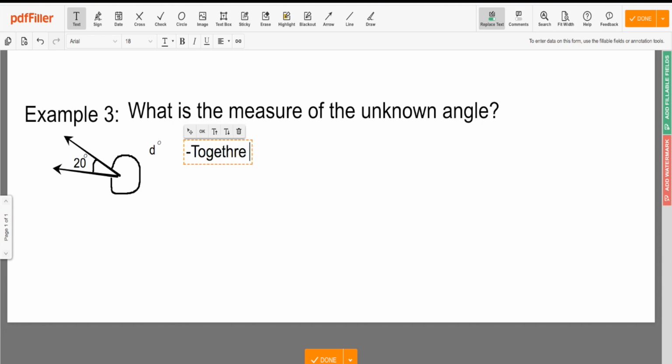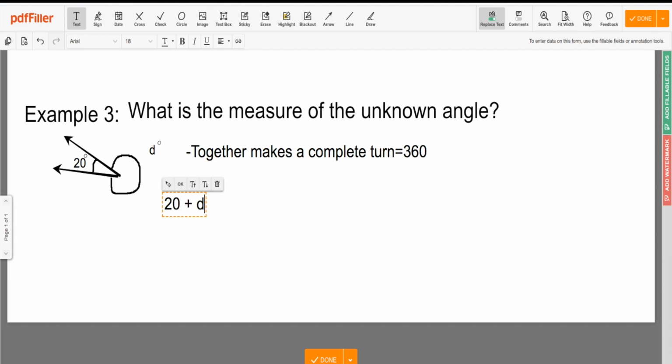And we know that a complete turn equals what? It equals 360 degrees. Absolutely correct. So these 2 angles combined together should be 360. So let's write our equation. 20 degrees, which is our known angle, plus D, our unknown angle, gives us a total of 360 degrees.